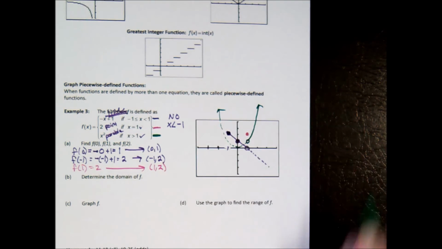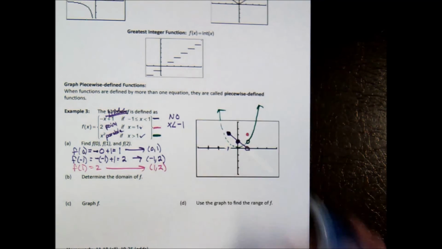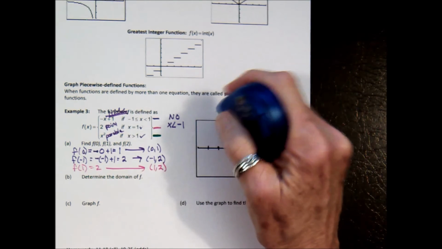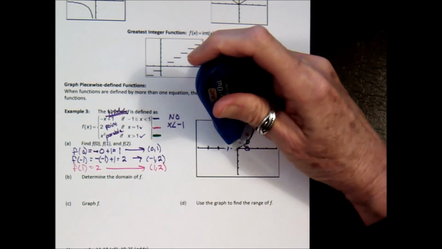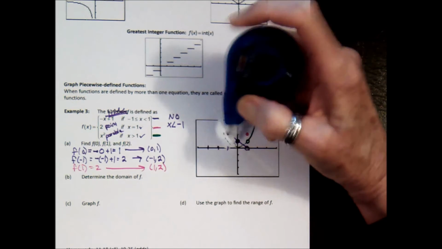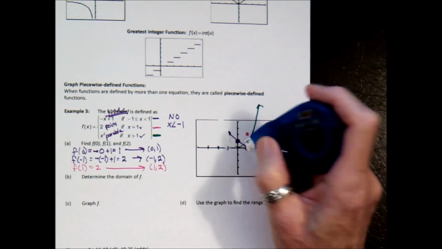So for the piecewise function itself, now I'm going to take my white out, I'm going to erase the part. It actually doesn't have this in it. There's a hole right there. It doesn't have this part of the parabola. That is all whited out. Okay, we don't have that. And I don't have this little bit here.